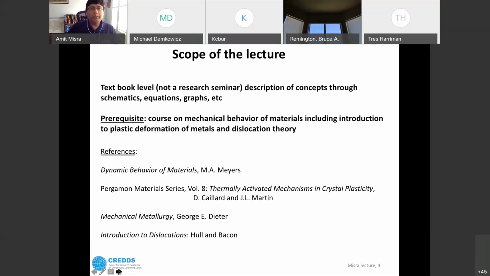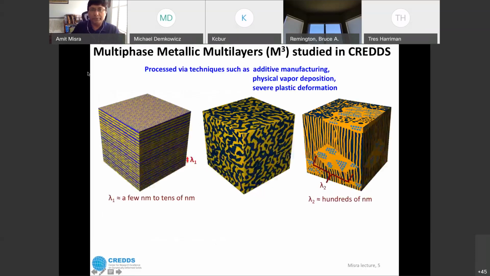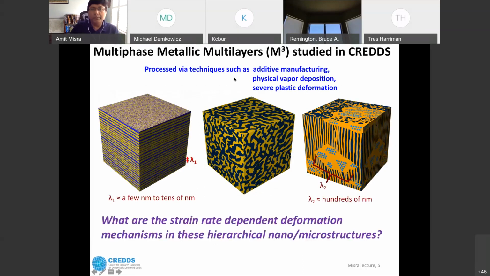So let's start with the idea of microstructures, and I just have two slides as introduction. In CREDDS, we are studying multi-phase metallic microstructures, and these are processed using advanced techniques such as additive manufacturing, physical vapor deposition, severe plastic deformation, and starting with cubic metals like, say, copper and iron or copper and moly.